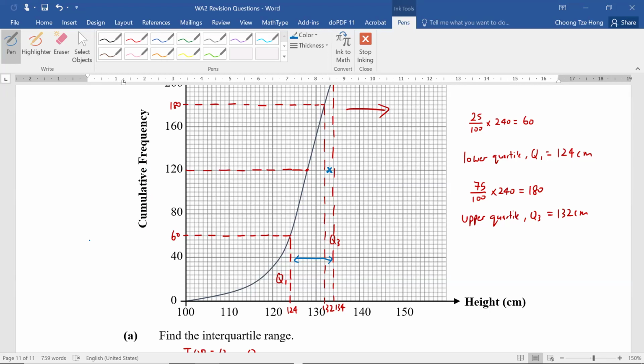So the graph is going to be thinner. So essentially, if we have a small SD or low interquartile range, the cumulative frequency graph is going to be thinner.